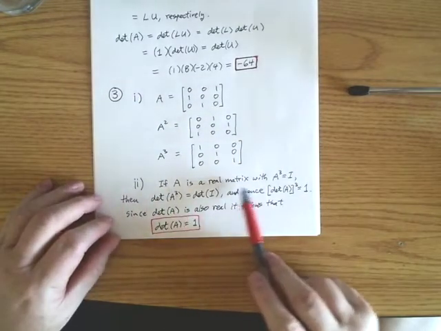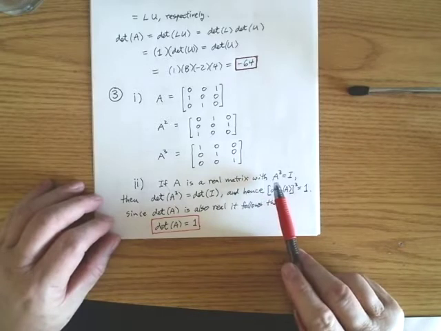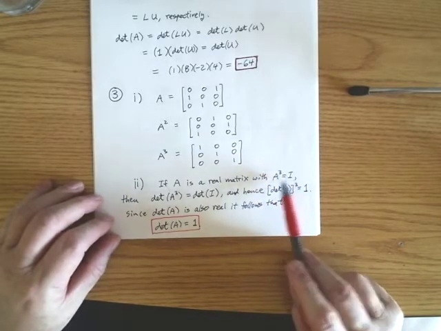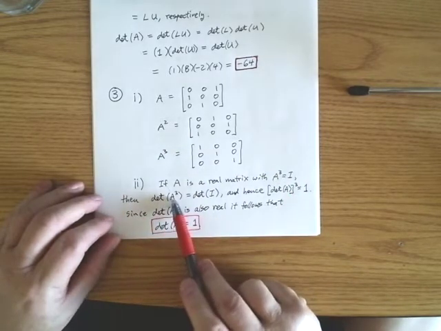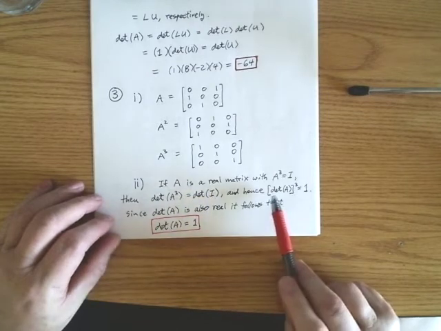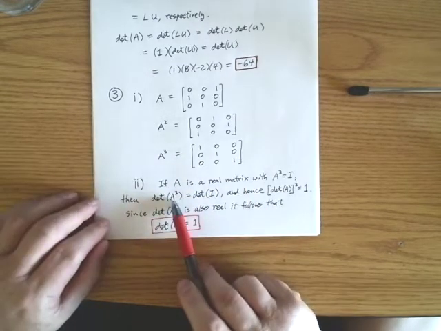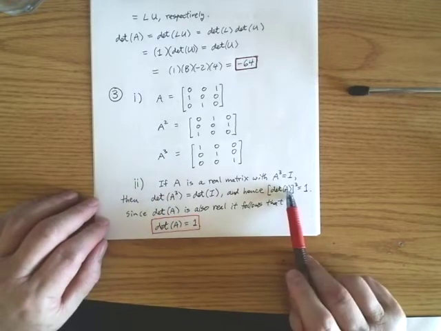If A is a real matrix and a cyclic matrix of order 3, so A cubed is I, then the determinant of A cubed is going to be the determinant of I, all right? But the determinant of a product of matrices is the product of the determinants, so I can bring the power 3 on the outside.